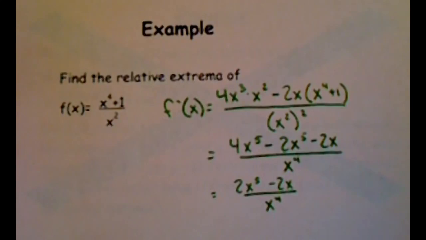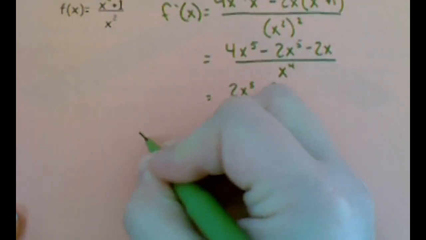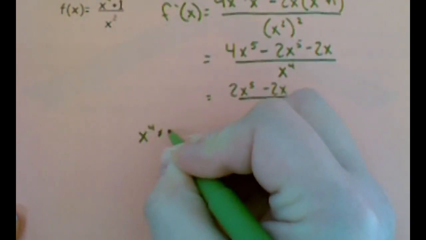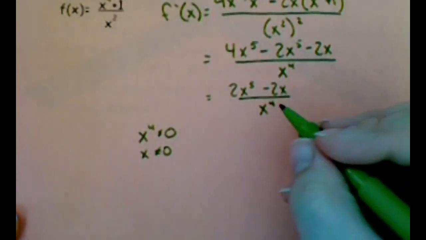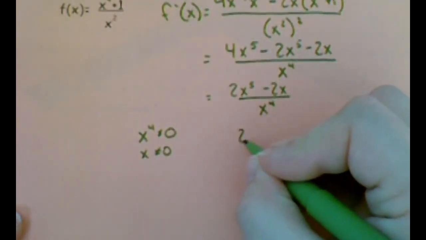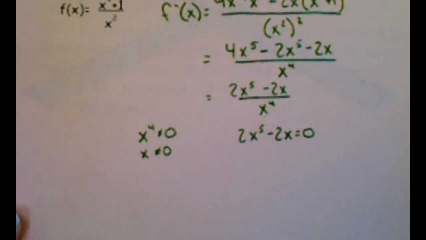Now we have to figure out when that equals 0 and when it's undefined. Well, it's undefined when the denominator equals 0. x to the 4th power cannot equal 0, which means x cannot equal 0. When it equals 0, the numerator equals 0. So 2x to the 5th power minus 2x equals 0.